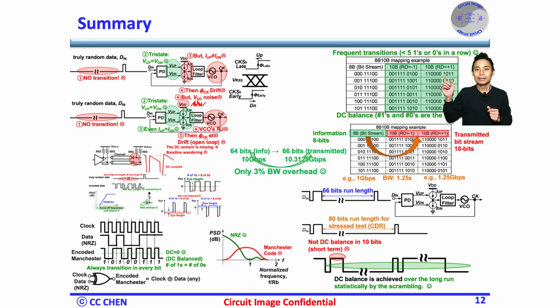Hopefully, the 8b/10b will still provide a DC balance and a maximum 5-bit run length, which is only 25% bandwidth overhead. Again, the 8b/10b data was quite popular since it boosts the SerDes performance and reduces the design complexity a lot.